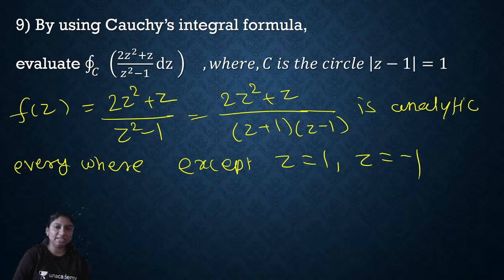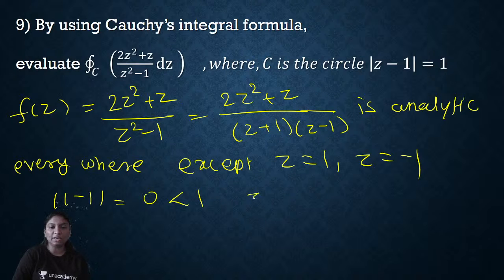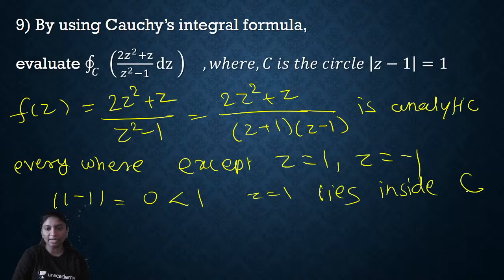So now if you see which point is inside the curve C, mod of z minus 1 is equal to 1. So put z is equal to 1. You will get 1 minus 1 is equal to 0. 0 is less than 1. So z is equal to 1 lies inside C. Right?